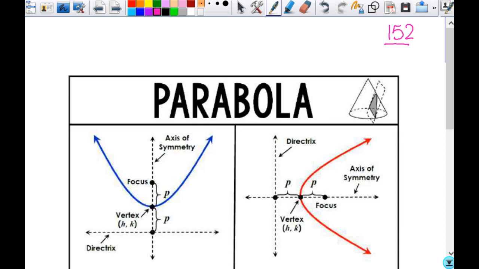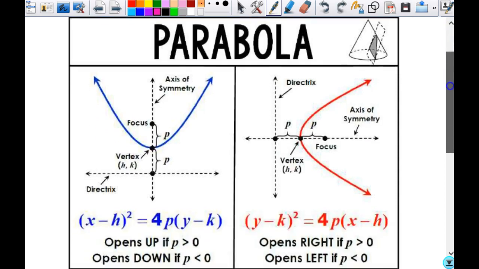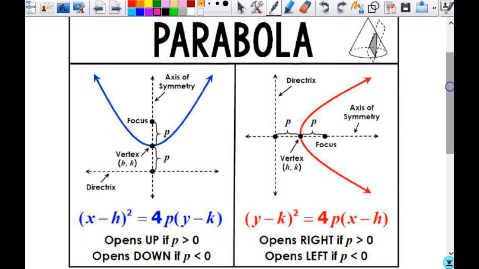Okay, so here, this is a very good little summation of parabolas. They can open either up or down or left or right. These are functions, these are not. We all agree with that? Directrix, focus. So here's the vertex.